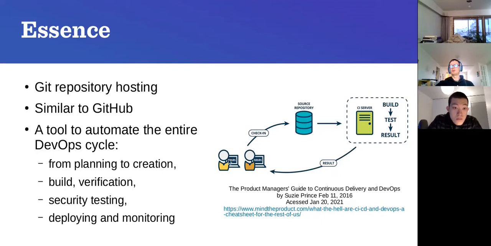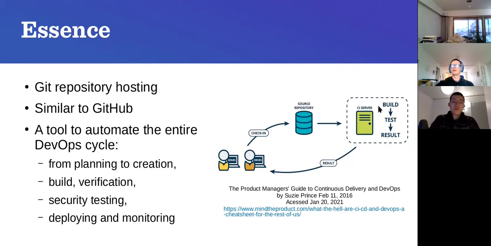So there are people who are pushing to a Git repository. Here it's called check-in, but basically they are pushing to the source repository using git push. Then the source repository detects whenever somebody has pushed, and given a configuration file, it triggers a CI server on the same server where GitLab is hosted.